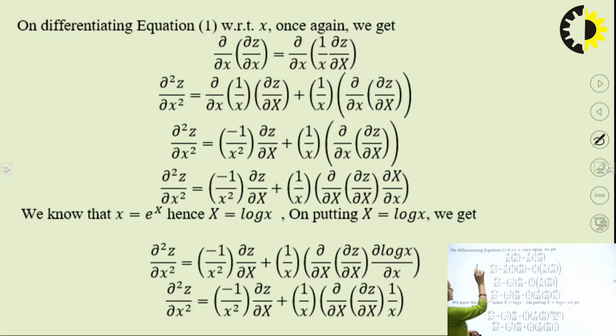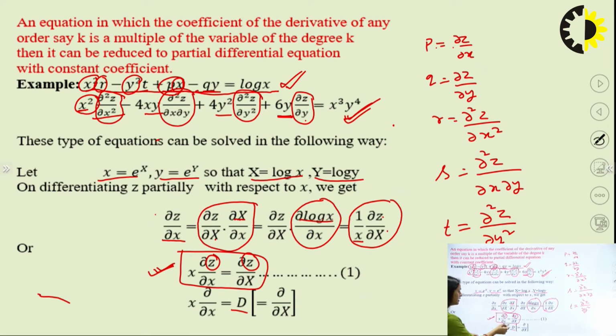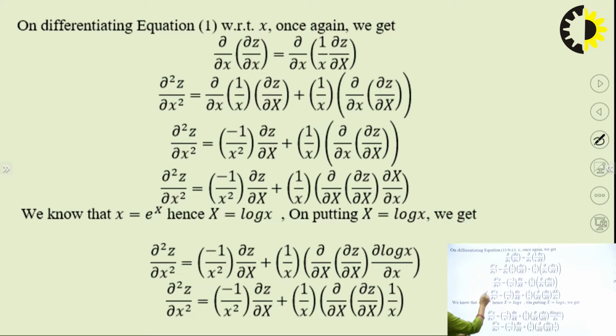Now again on differentiating equation number 1. What is equation number 1? Equation number 1 is this: x into del z upon del x is equal to del z upon del of capital X. So again on differentiating this we will get del upon del x into del z upon del x is equal to del upon del x within the brackets 1 upon x into del of z upon del of capital X. Now you see this will convert into del 2 z upon del x2, and here we see very carefully there are two functions.